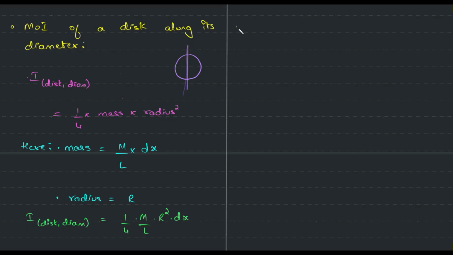Now, making use of this fact, we have the moment of inertia of the disk with AB as the axis of rotation.